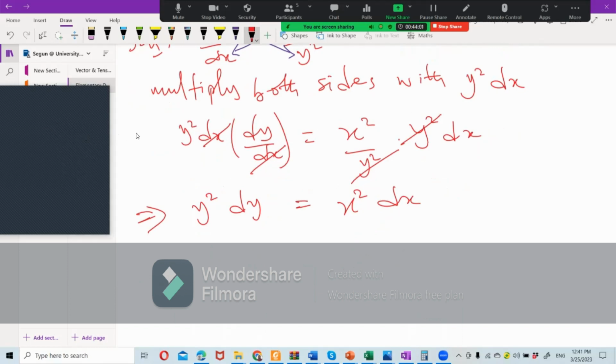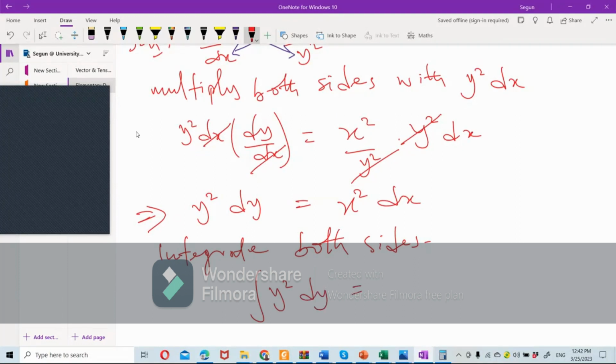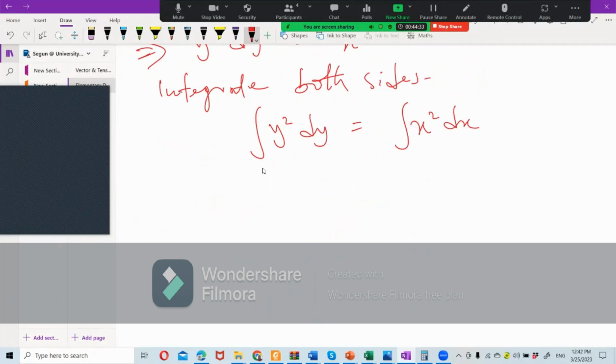Okay, let's continue. So at this point, when you have this, you integrate both sides. Integral of y squared dy equals integral of x squared dx. So at the end of the day, let's integrate this one.